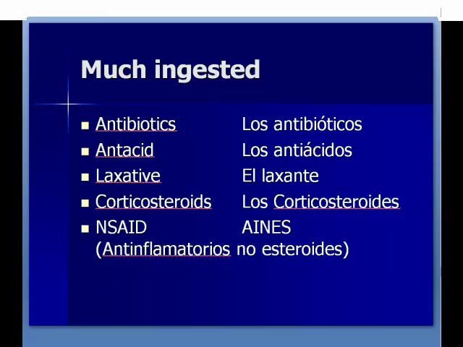Corticosteroids, los corticosteroides. And NSAIDs in Spanish are spelled AINES, or anti-inflamatorios no esteroides, such as ibuprofen or ibuprofeno.